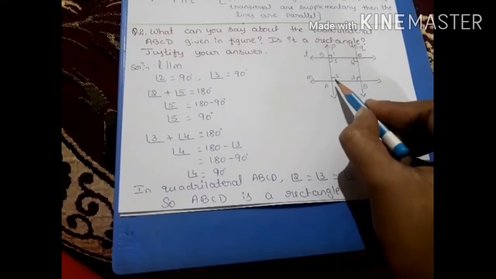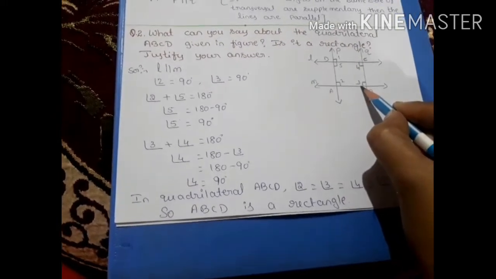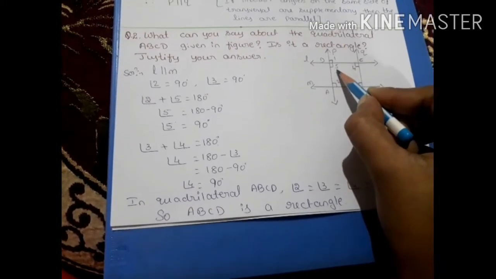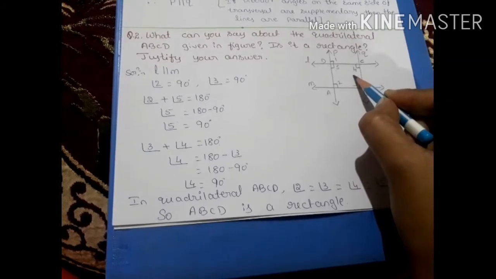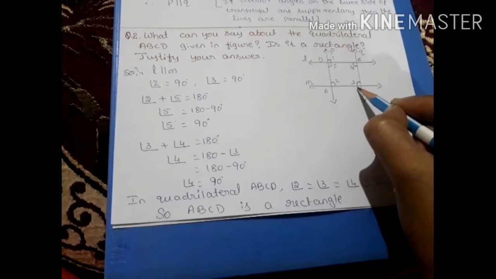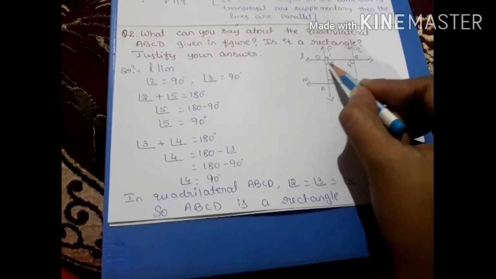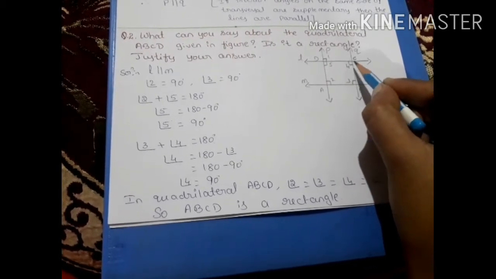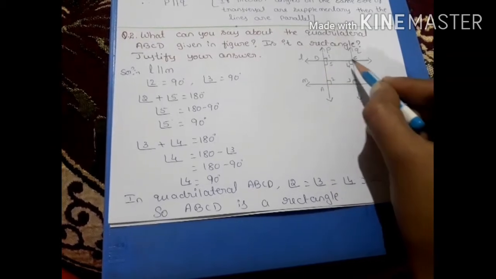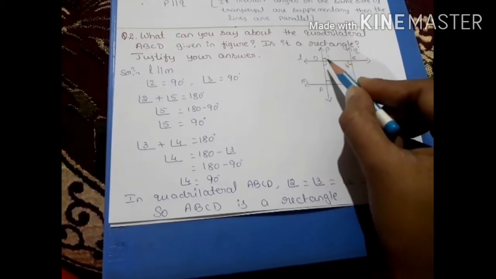Nothing but angle 2, angle 3 already 90 degree we proved. Angle 5 and angle 4 we got 90 degree. Then all the angles, angle 2, angle 3, angle 4, angle 5 are equal to 90 degree, then we can say that ABCD is a rectangle.